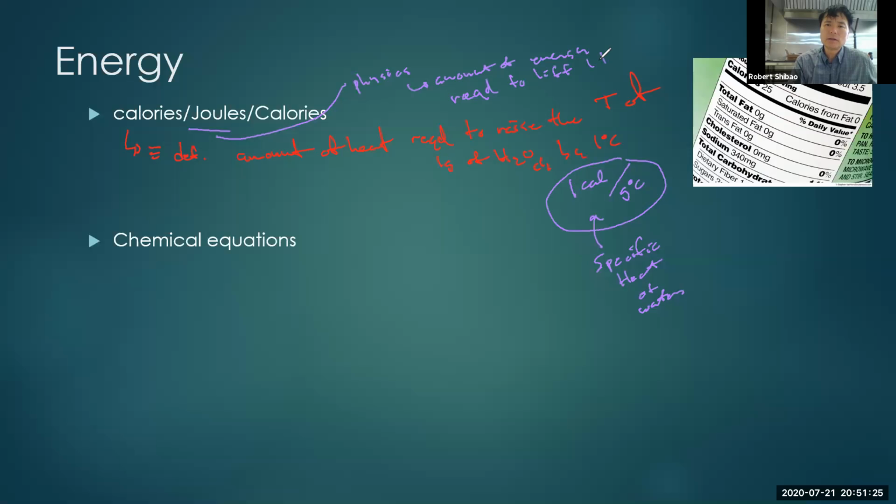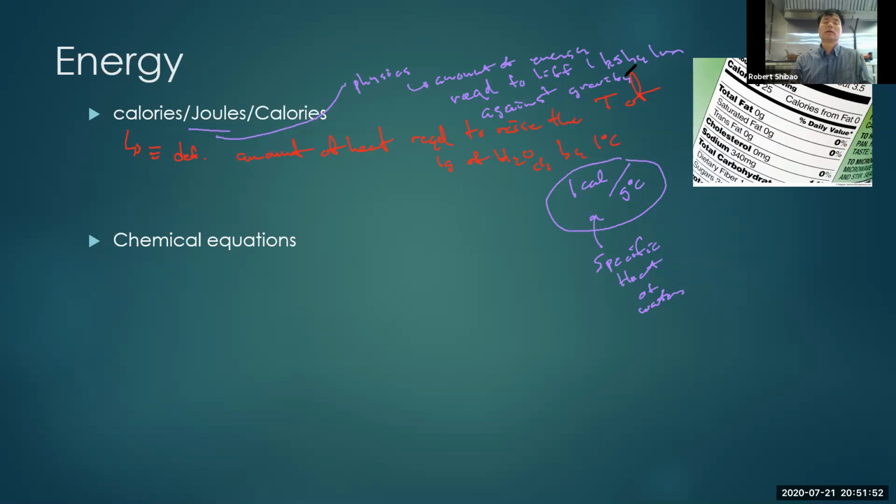So if I took a kilogram and I lifted it up by 1 meter, 1 kilogram by 1 meter against gravity, that would be 1 joule's worth of energy.